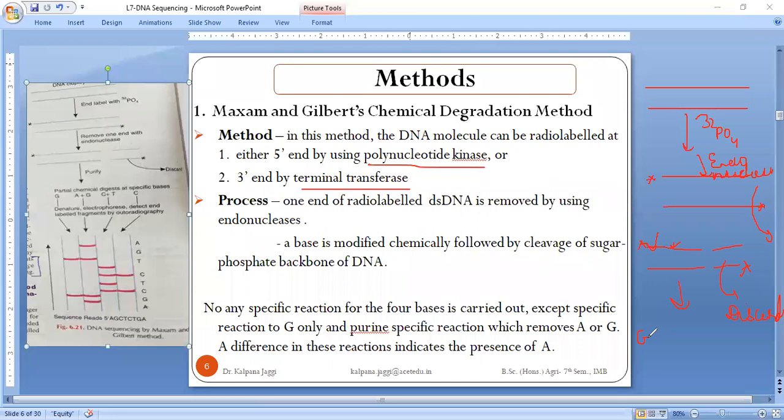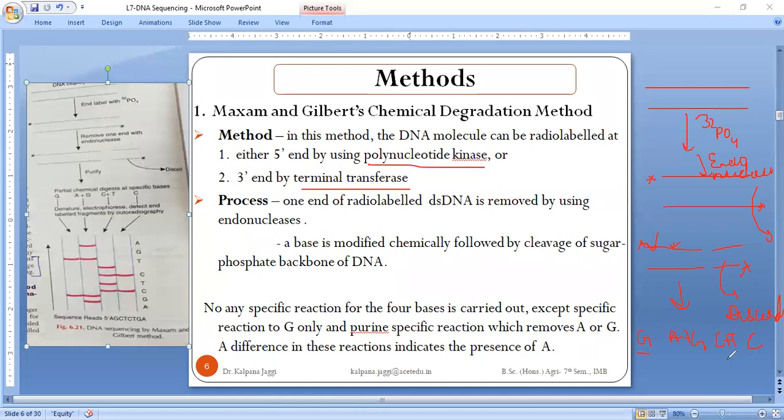Because this is a chemical method, the digest is partial, that means it is not broken completely under the action of the chemical. Partial breakage takes place, and it can randomly include any nucleotide. It may include only guanine, or adenine plus guanine. This is random fragmentation.